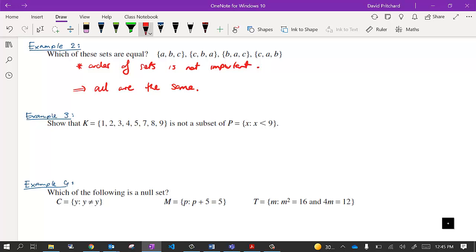All right. So we've got set K in the next example. It's asking us to show that set K, which is the integers 1 to 9 inclusive, is not a subset of P, which is equal to x such that x is less than 9. So this is where we have to be really careful. We're saying x such that x is less than 9.